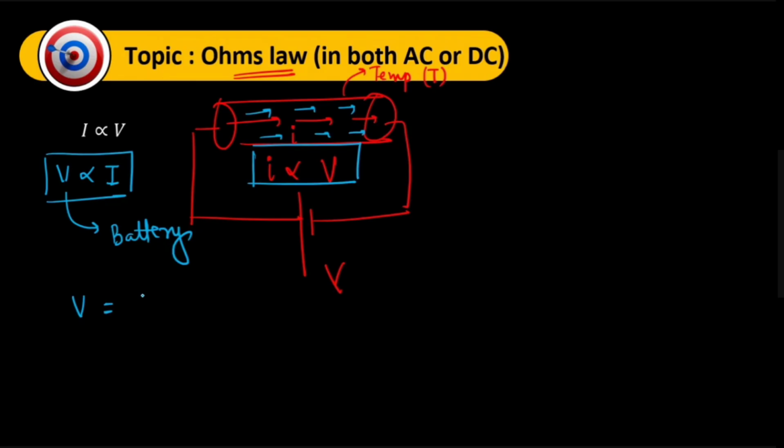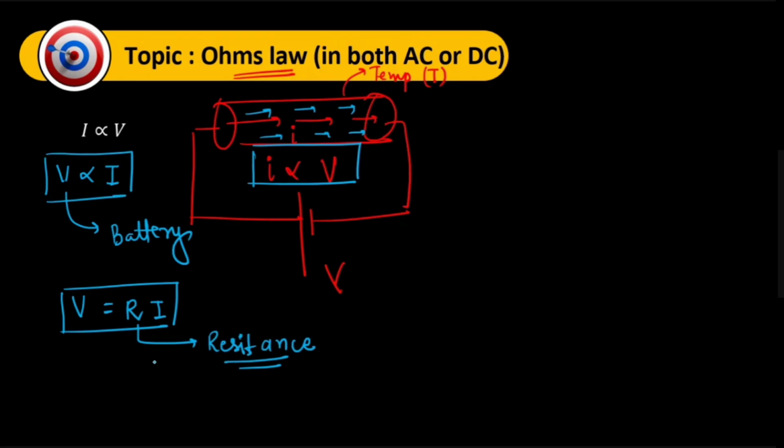When we remove this proportionality, we came to know a very new thing about conductors: that conductors have some sort of constant in them which resists the flow of charge. That is known as resistance. So we call this coefficient of proportionality resistance. Resistance is the basic property of matter.